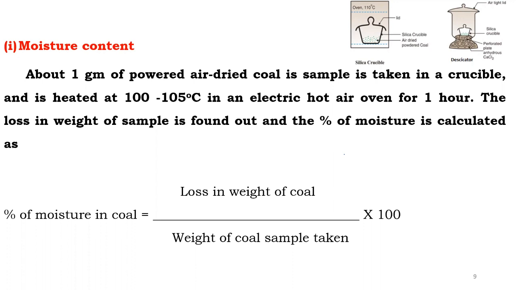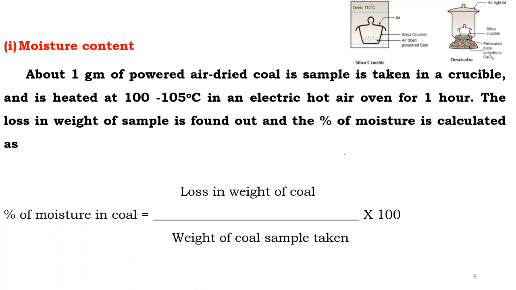The removed percentage of moisture can be analyzed by taking the weight W1 before heating and W2 after heating. That will give the loss in weight of coal. Loss in weight of coal means first we'll take 1 gram of sample.